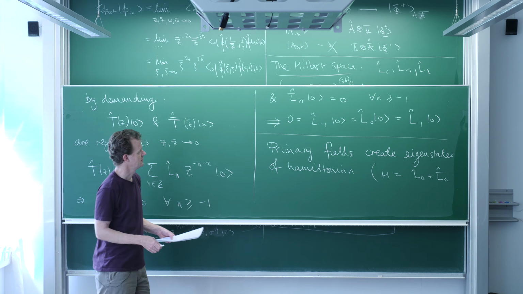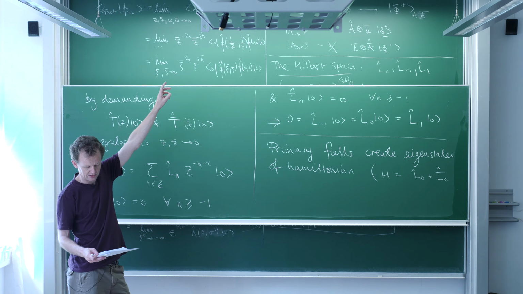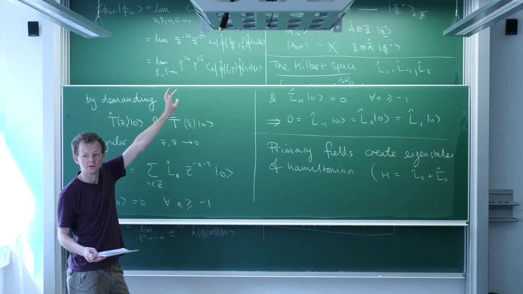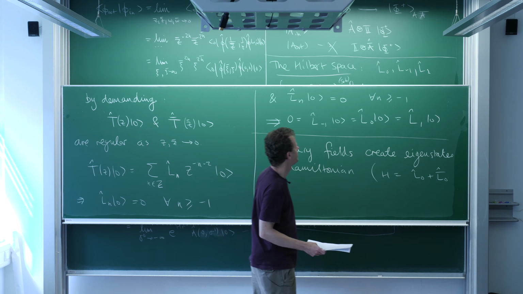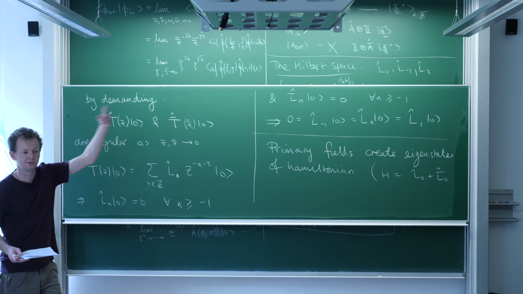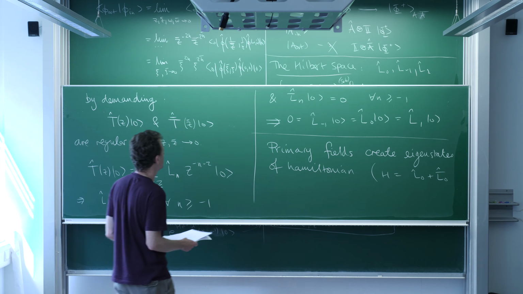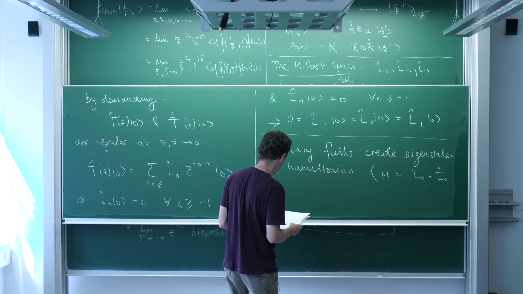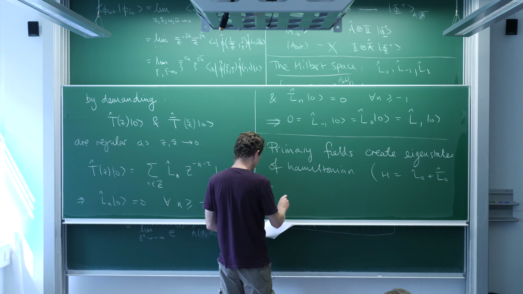And I'm going to argue now that these primary field operators, phi(z), build eigenstates of this combination L naught plus L naught bar. In particular, the in states will land you in different energy eigensectors of the Hamiltonian. And it all boils down to the following identity.